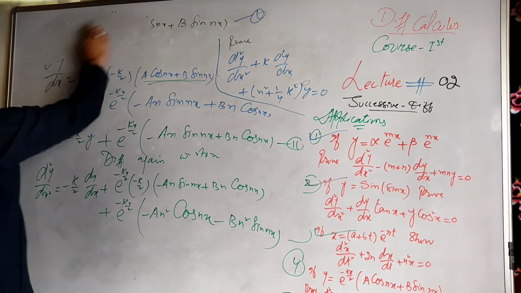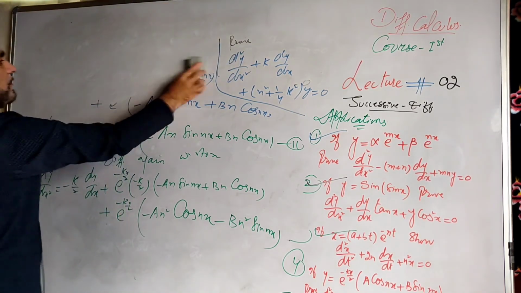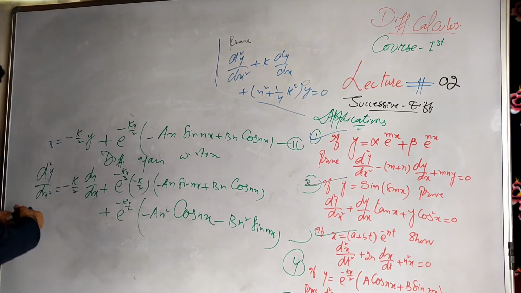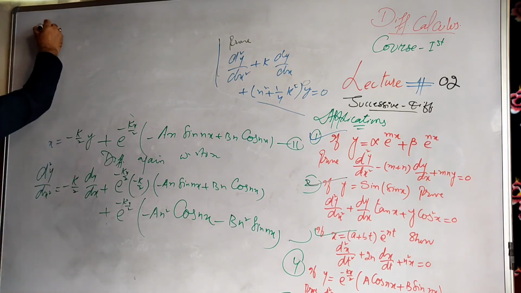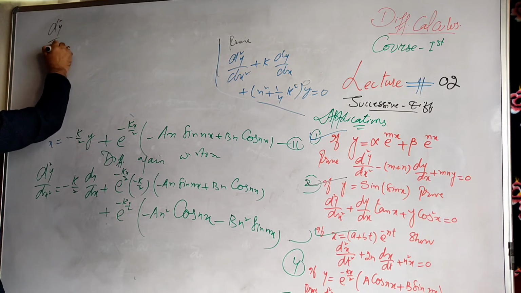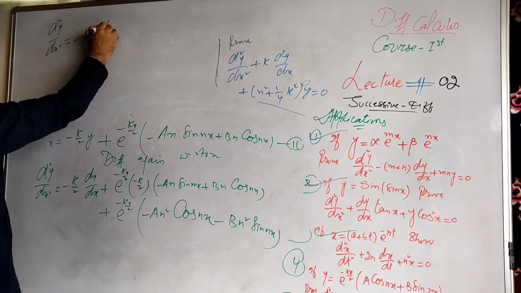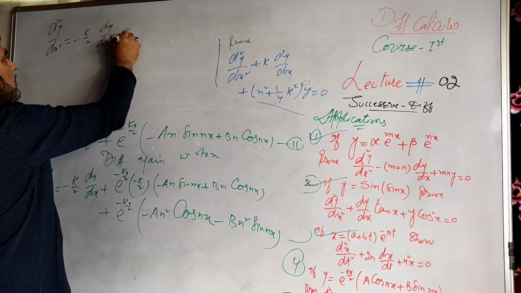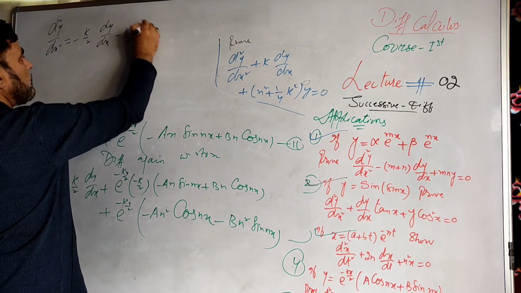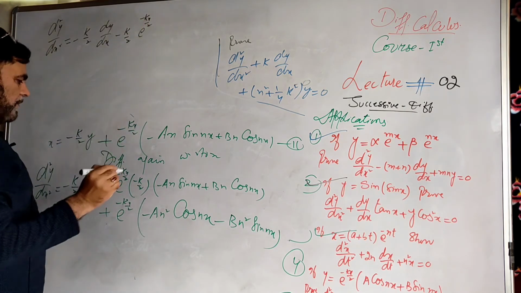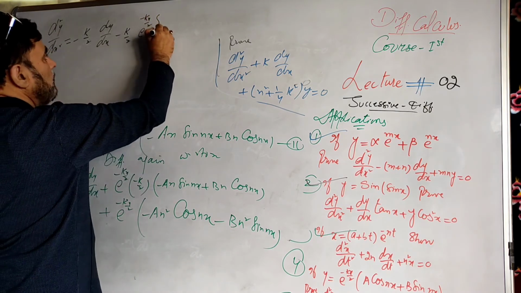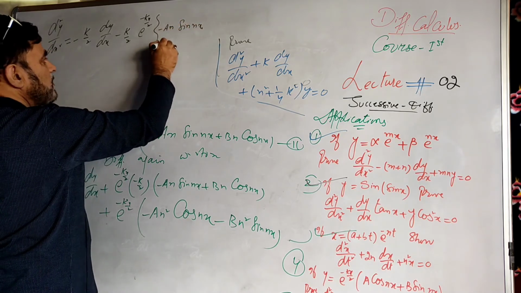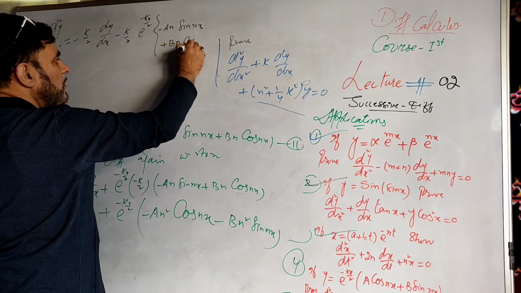I will come here again. This is your d2y by dx square is equal to minus k by 2 dy by dx minus k by 2, it is e raised power minus kx by 2 into minus an sine nx plus bn cos nx.